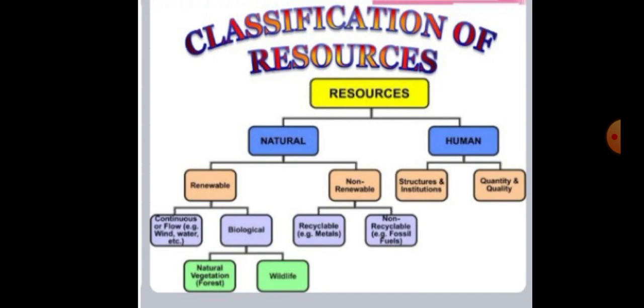When we talk about human beings, we have structures and institutions, the shape given to the buildings, to the organizations, to the institutions by man with his intellect, with his design, and so on. The quantity and quality, how many goods he produces, how many services he produces, all that is also a resource.